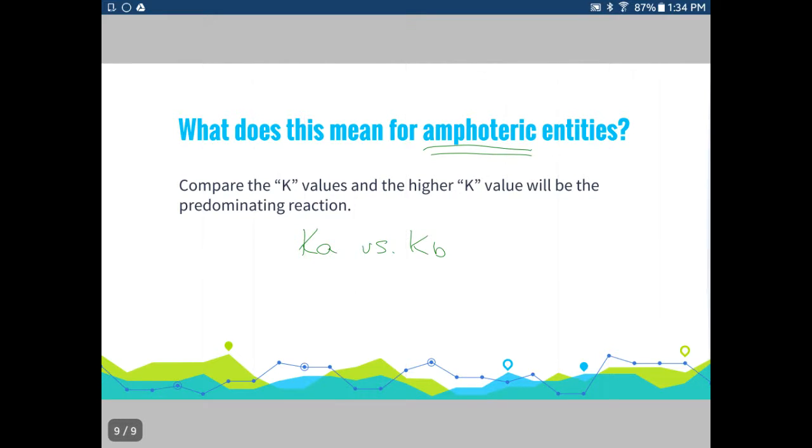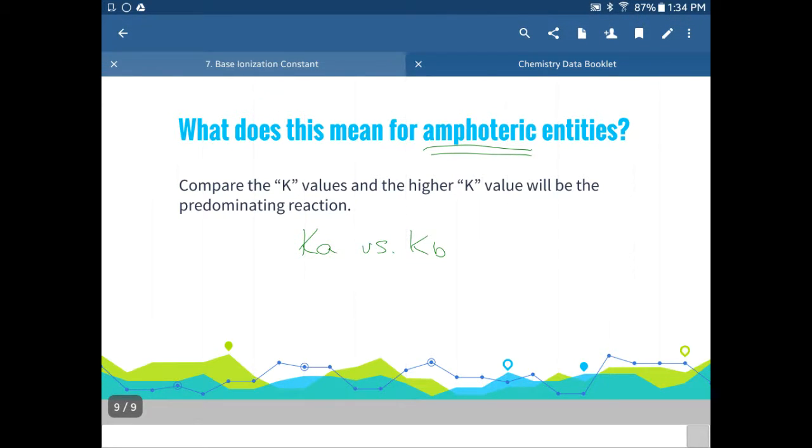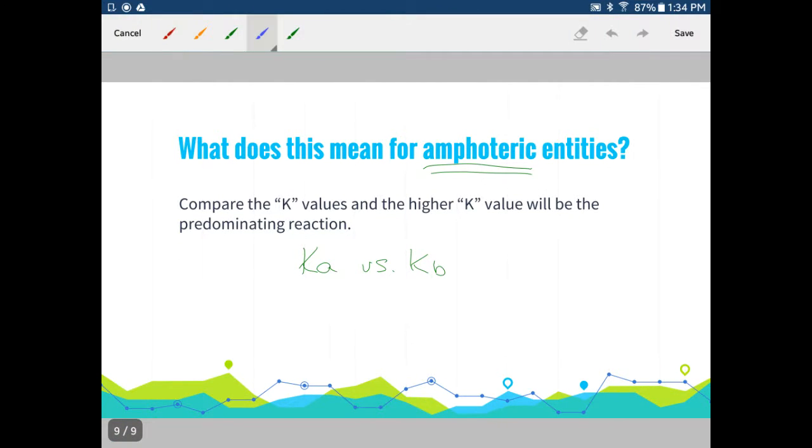Okay, so if we take a look at an example, let's go with hydrogen sulfate. So let's look at a full example here. So if we have something like sodium hydrogen sulfite, this again dissociates into sodium and this guy here.